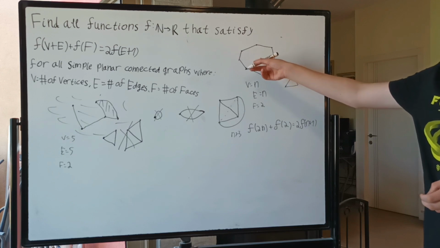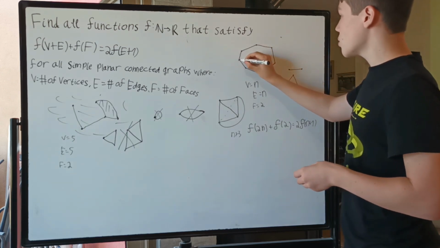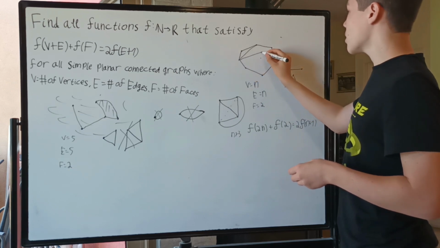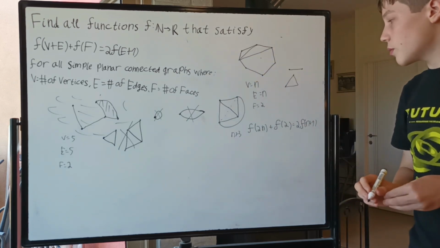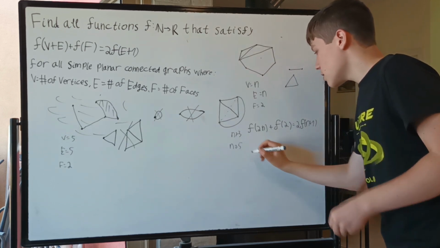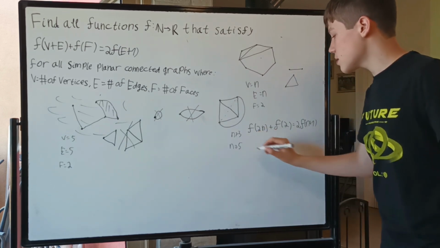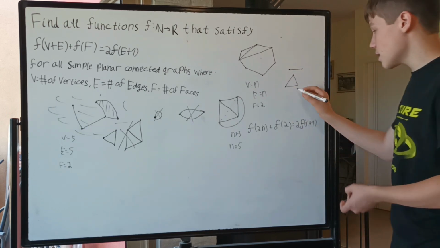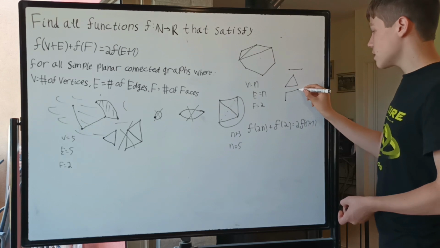And now we're going to do something similar. I'm going to take the same thing, but draw 2 edges. So for this one, I'm going to draw one edge and another edge. Now n has to be bigger than or equal to 5, since I can't do that in a triangle.